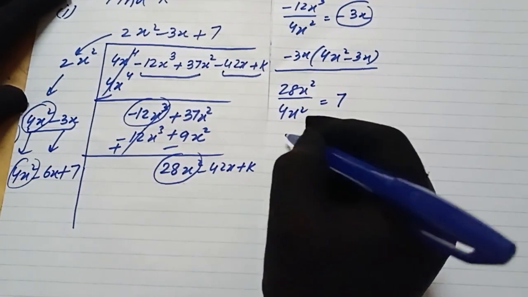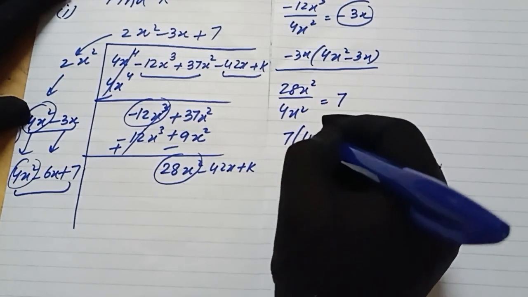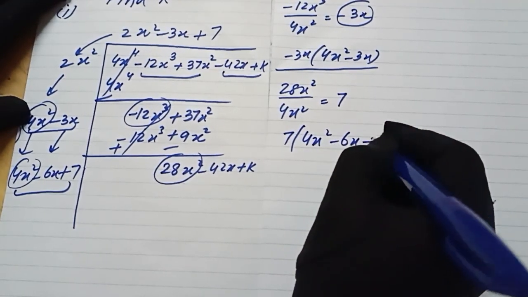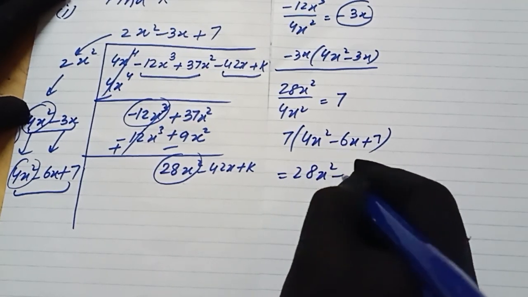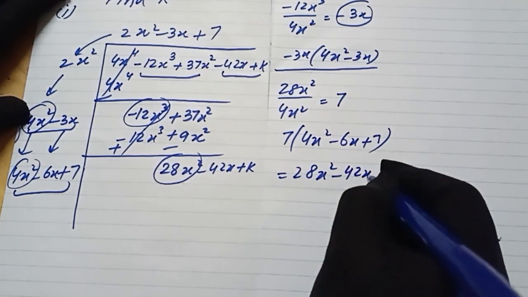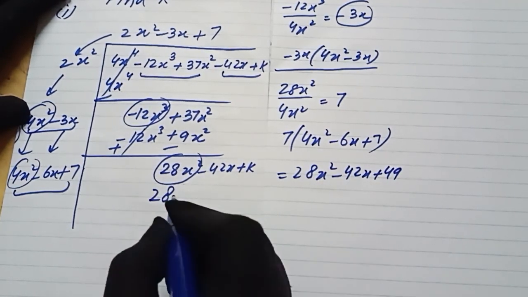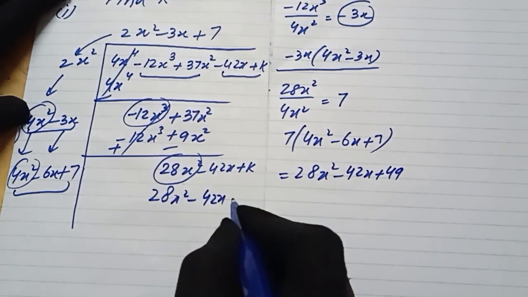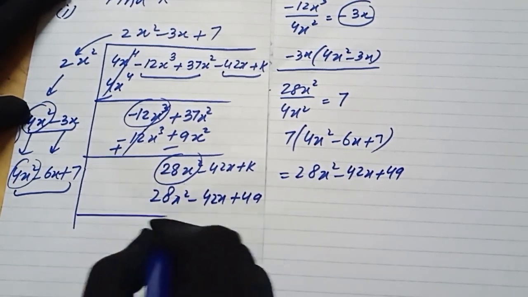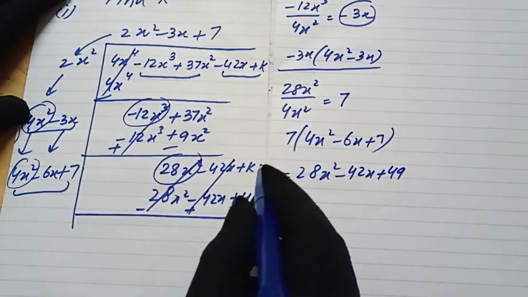Now this third term multiply by the complete divisor you obtain 7 4s are 28x square minus 7 6s are 42x plus 7 7s are 49. Write down over here 28x square minus 42x plus 49 and subtract, minus plus minus cancel.